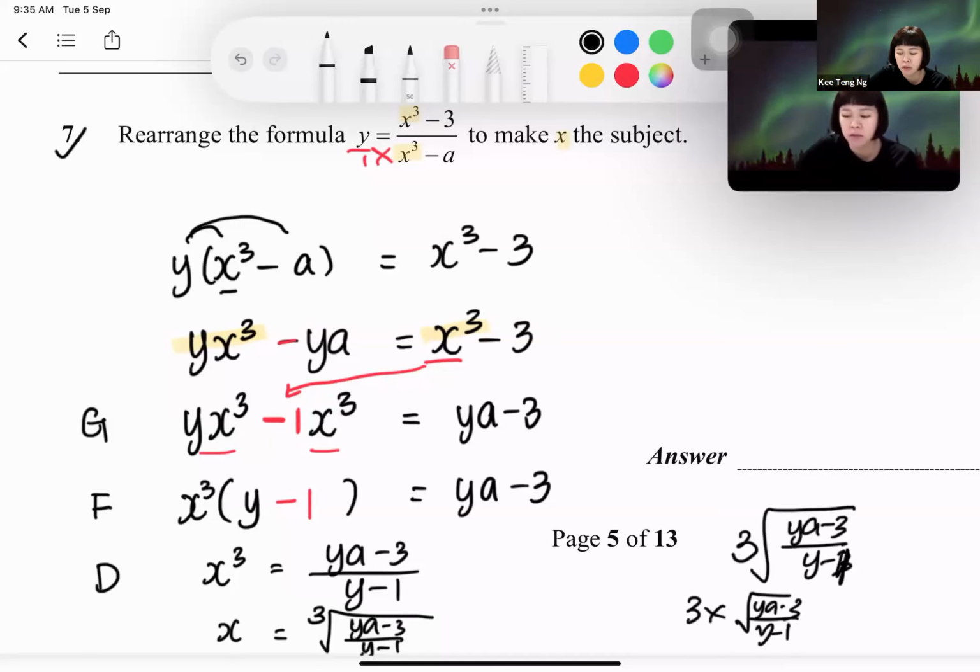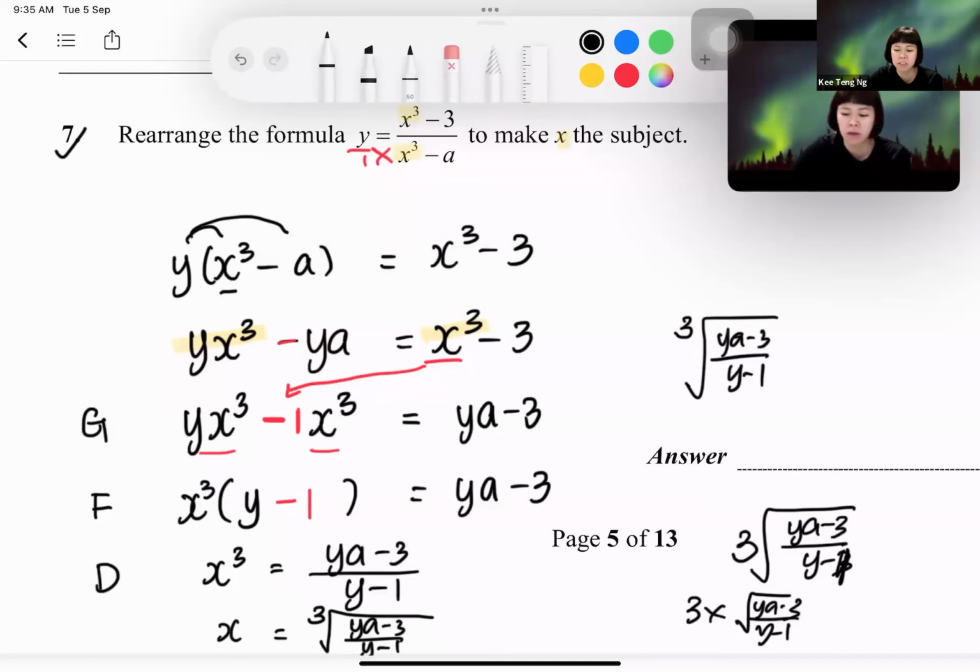And different, if you write the cube at the power here, this is the cube root. That is the proper cube root. So the way you write, the size you write, or the position that you write your cube makes a little bit of a difference. So this one is actually not correct. This one is actually the cube root. Just to take note.